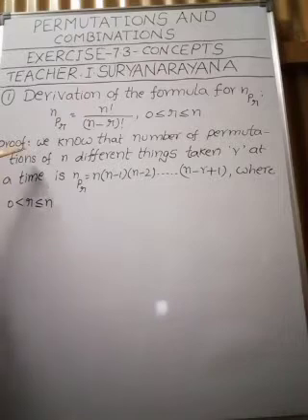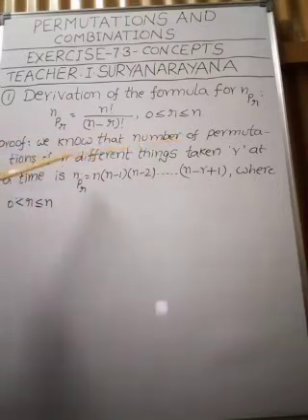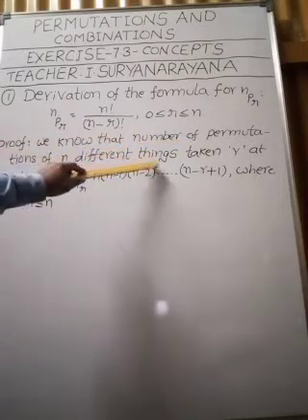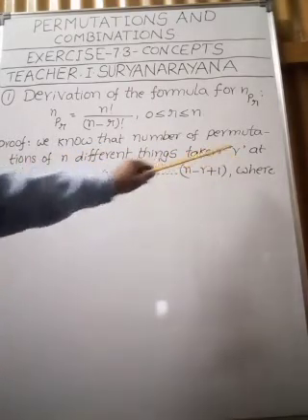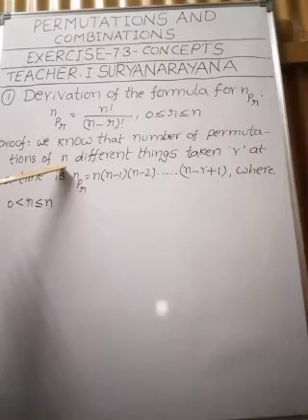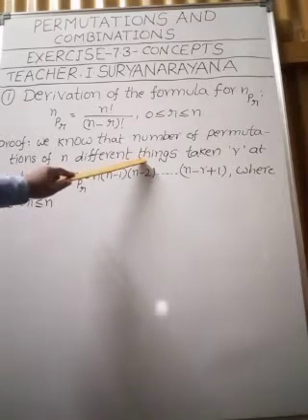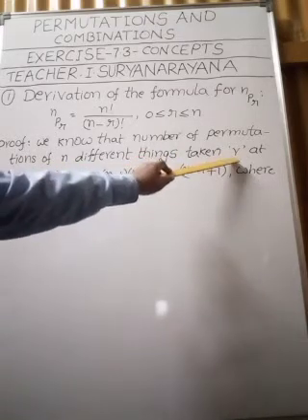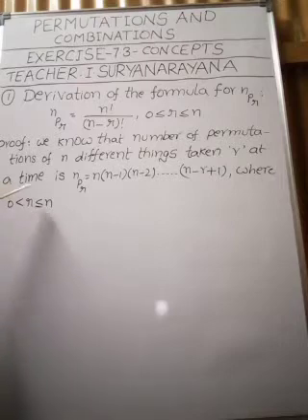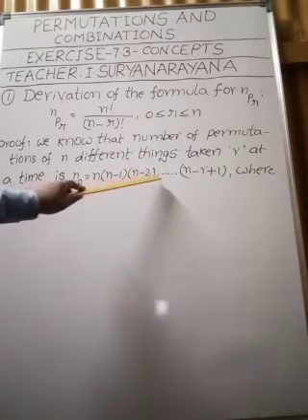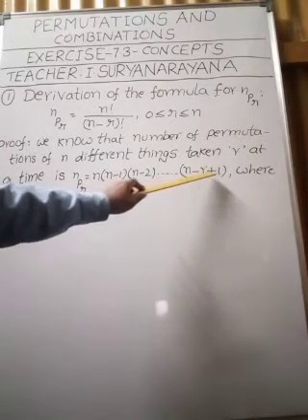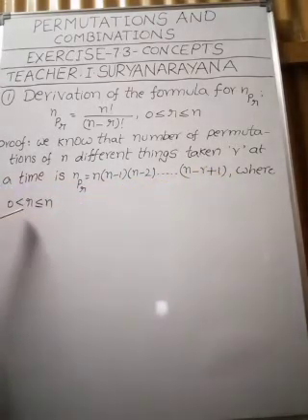Okay, my children. We know that the number of permutations of n different things taken r at a time, where there are n different objects and from the n different objects we are taking r objects at a time, is nPr is equal to n into (n minus 1) into (n minus 2) into and so on, (n minus r plus 1), where 0 is less than or equal to r less than or equal to n.